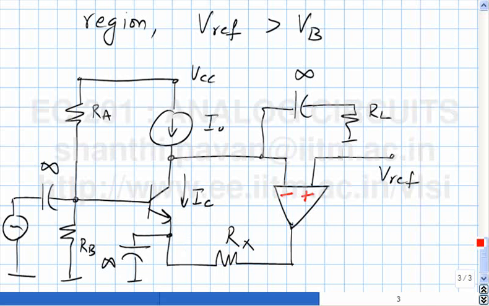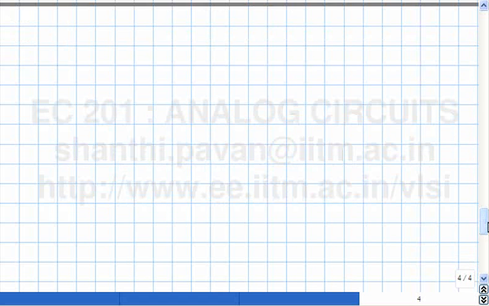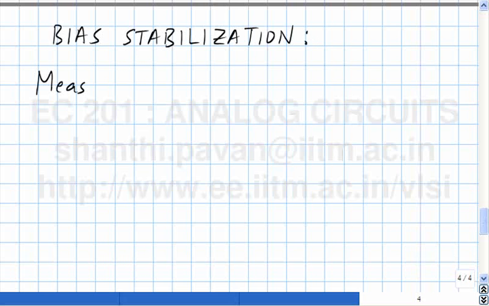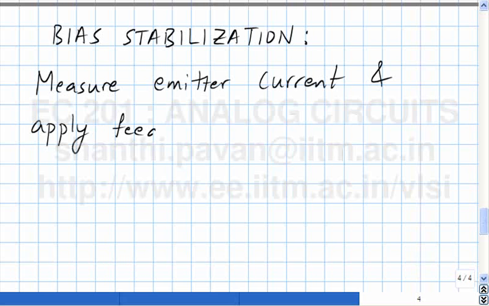The next thing, the last generic technique to bias, is to measure the current in the emitter and apply feedback at the base here.